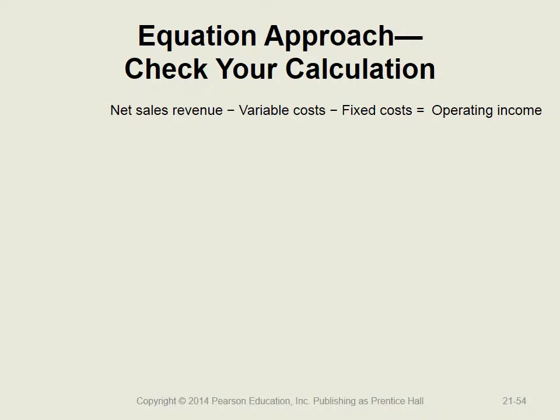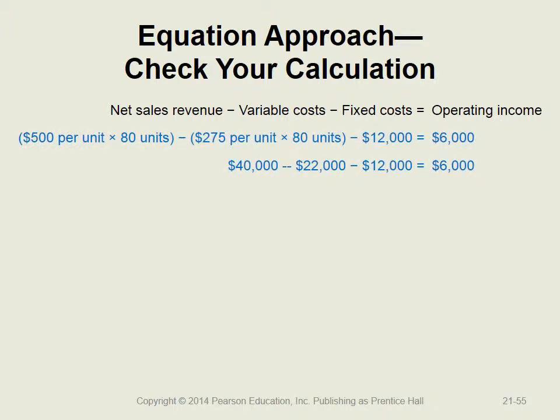We can check our result by using the equation. In checking our calculation, we confirm that sales of 80 tablets per month result in operating income of $6,000 per month. Expressed in dollars, the company must have total sales of $40,000, which is 80 tablets times $500 per tablet.